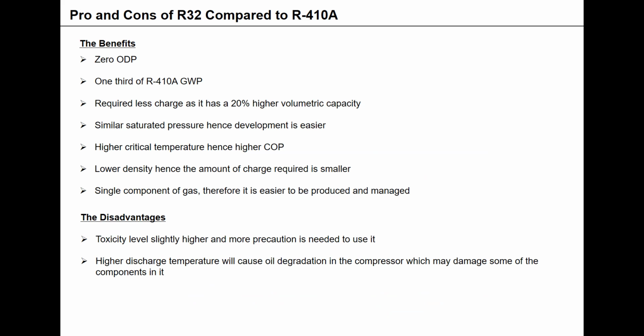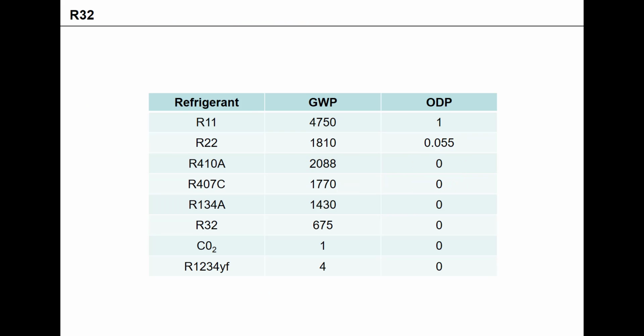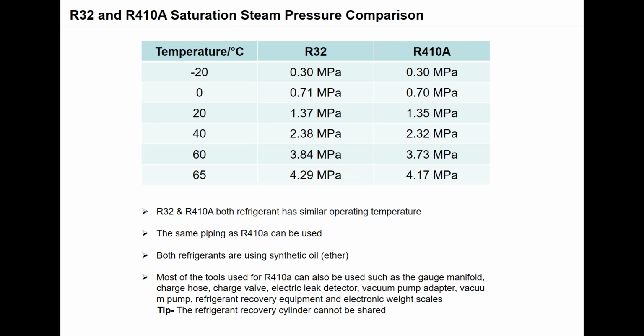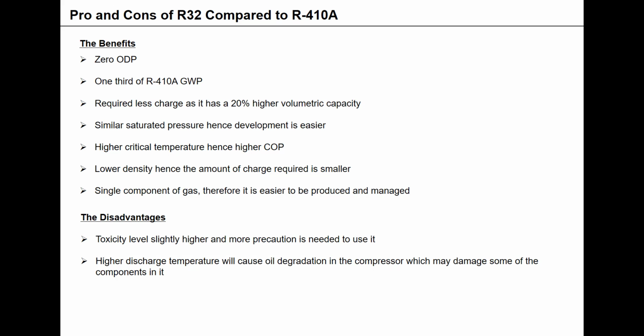Then what are the pros and cons, that is the benefits and disadvantages, of using R32 compared to R410A? From the beneficial point of view, R32 has zero ozone depletion. Of course, R410A is also 0, but in terms of global warming potential, R32 is more beneficial because it requires almost one third for a similar capacity unit.